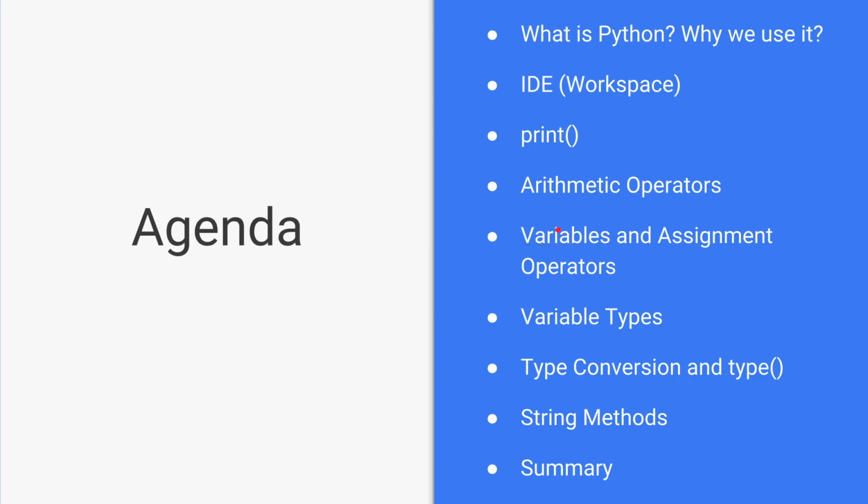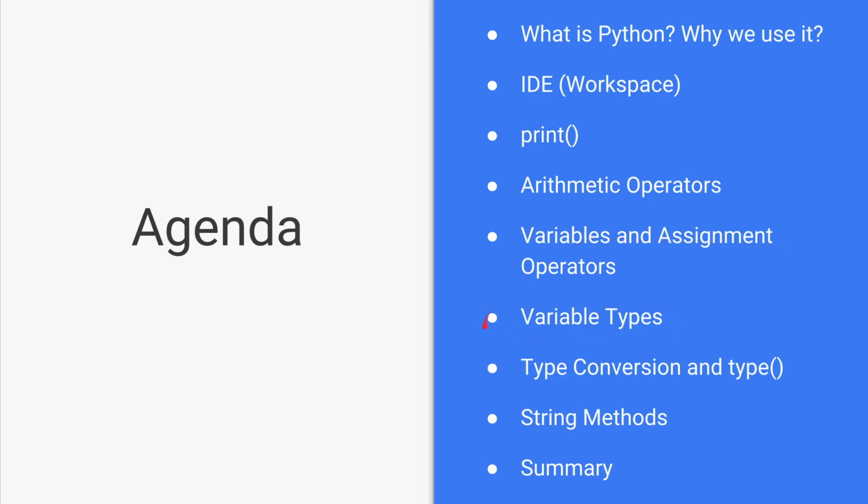We're going to look at what variables are and what assignment operators are. This is a really important and really misunderstood concept, especially for beginners, assignment operators versus comparative operators. We're going to look in detail at these topics.